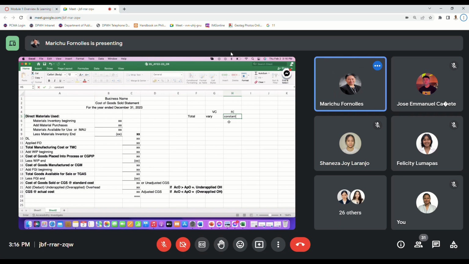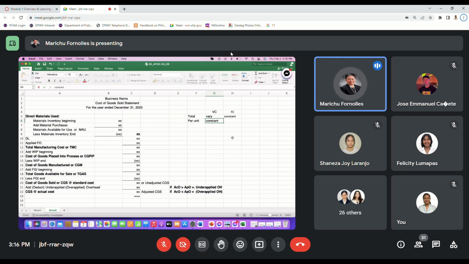Meaning to say, it remains the same regardless of whether the volume increases or decreases or no change at all. But on a per unit basis, the variable cost is constant.